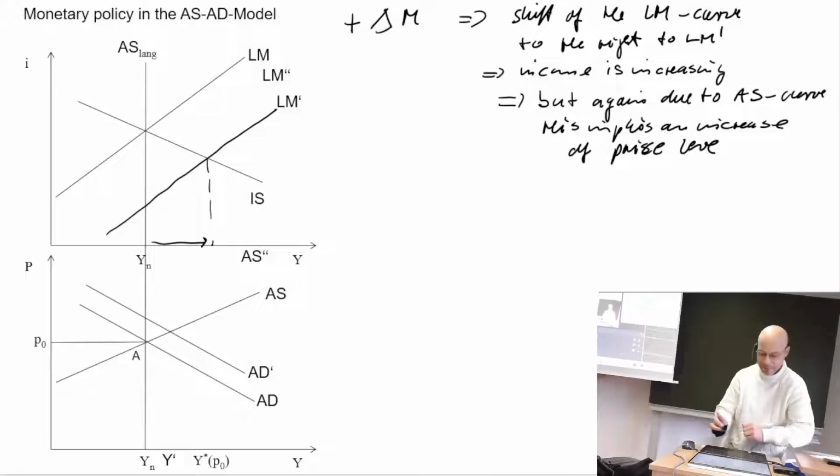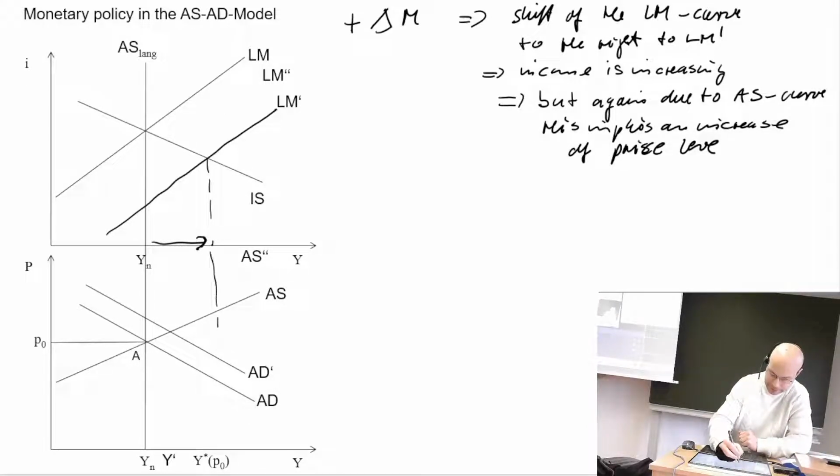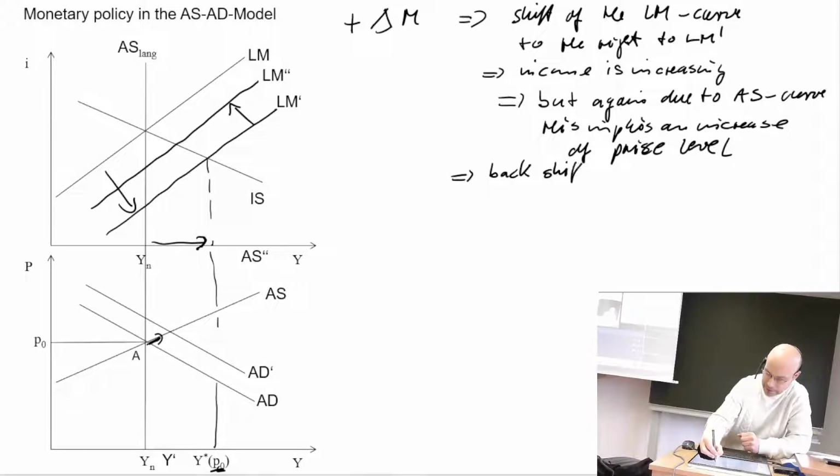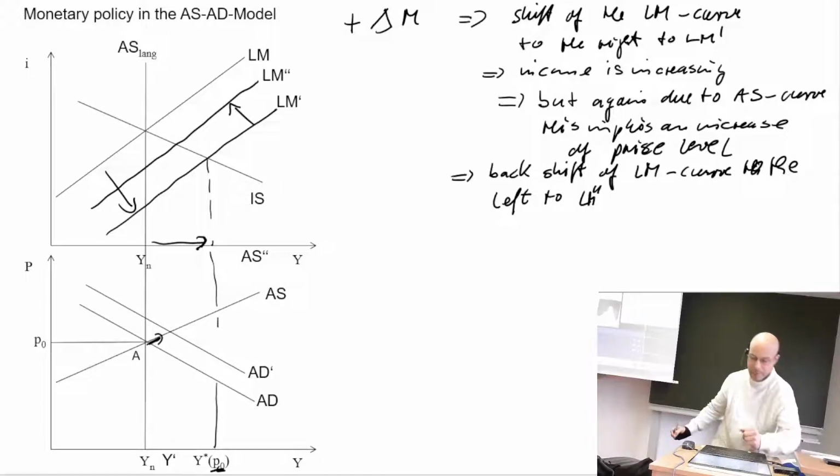What's happening there? At first, we have this push of our economy at constant prices. But now prices are increasing due to the AS curve, and this means we have a backshift of our LM curve. First, this large shift outside, then prices are starting to rise, so we obtain a backshift of the LM curve. An increase of the price level means a backshift of the LM curve to the left, to LM double prime.